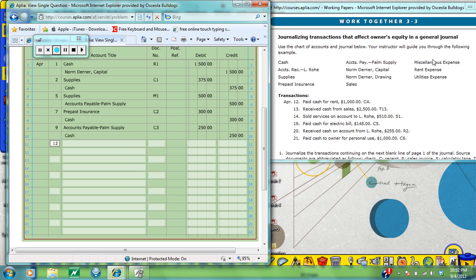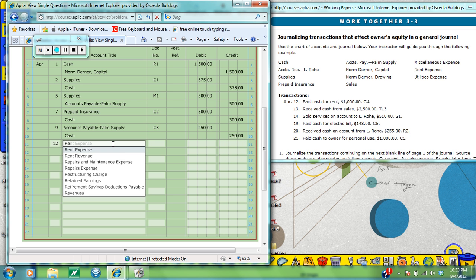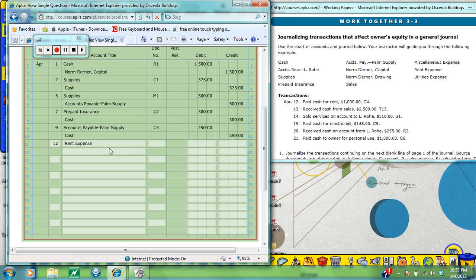Once again, all expense accounts will have a normal debit balance until you close them out. So, rent expense is our debit. Cash is our credit. Check number C4. Keeping in order, aren't we? $1,000. That's not uncommon rent for a place of business.